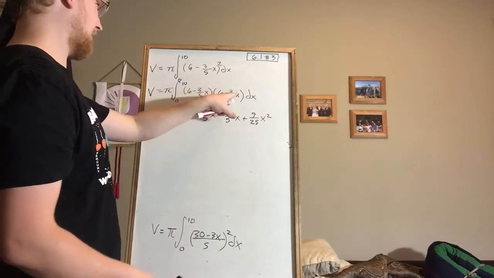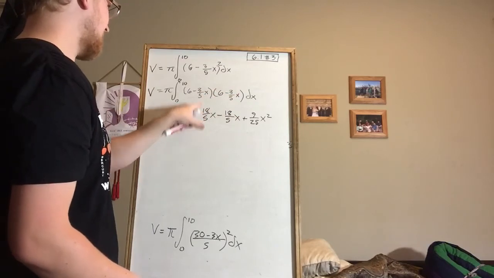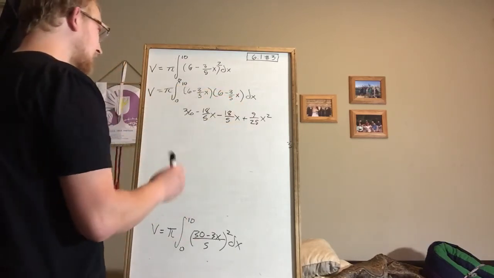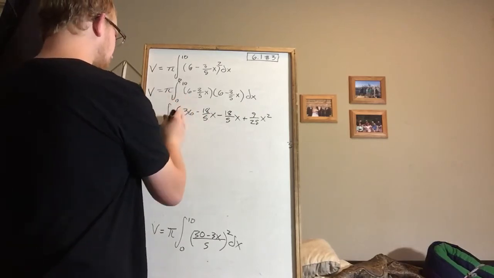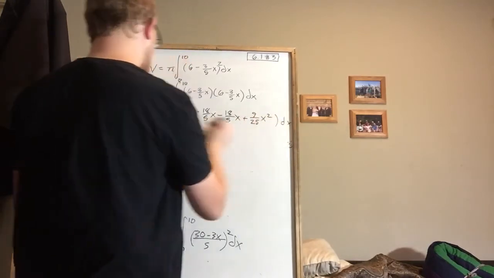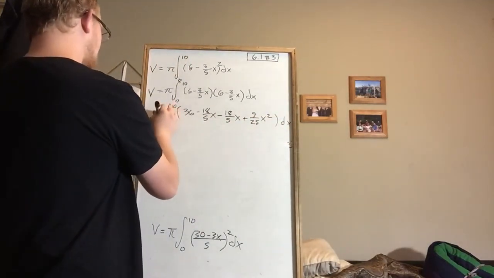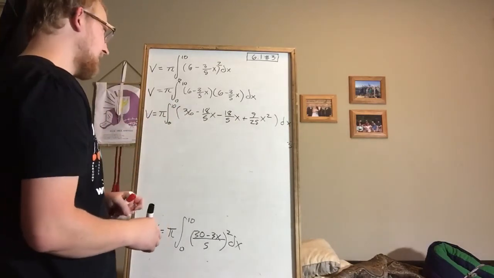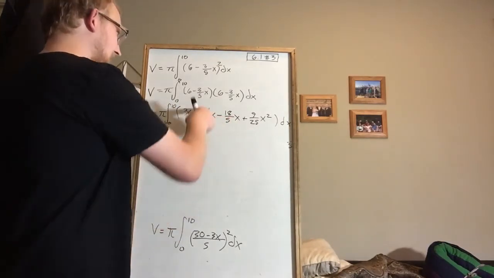Let me go ahead and check my work. Minus 18/5 x, minus 18/5 x, 9/25 x squared. Cool. We're still integrating this from 0 to 10 with respect to x. We haven't done the integral quite yet. And then once again, we're multiplying it by pi to get our total volume. So now I can combine terms.